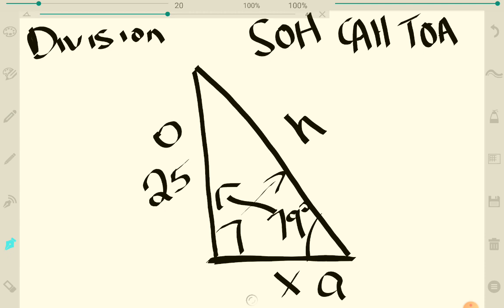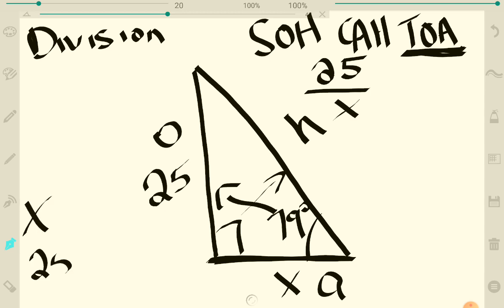You guys are probably thinking, wait, there's no A over O. But TOA is right here, and for tangent, we would do 25 over x. You cannot do x over 25, because that's not how the word is spelled out. So basically, you have to do 25 over x equals tangent 79.